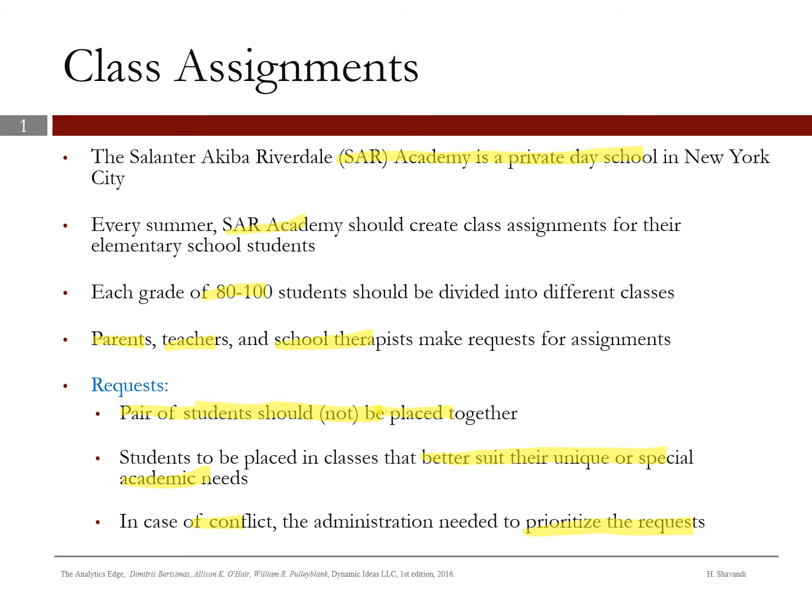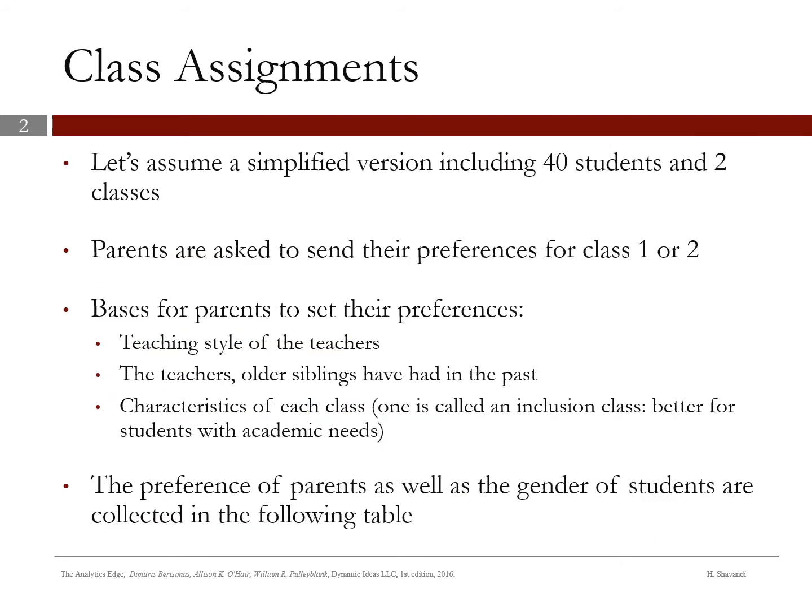Okay, so let's assume a simplified version of the problem by assuming 40 students and 2 classes. Here the parents are asked to send their preferences for class 1 or 2.